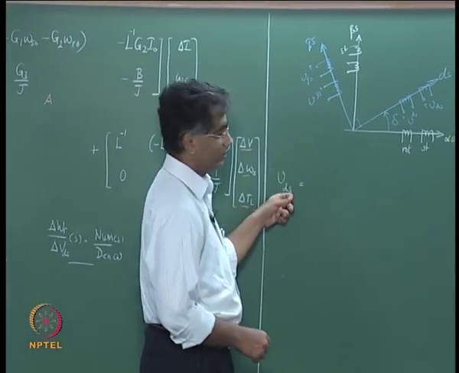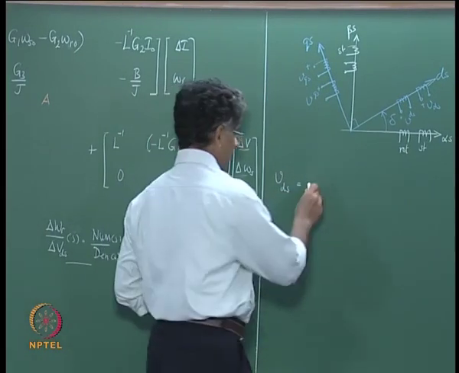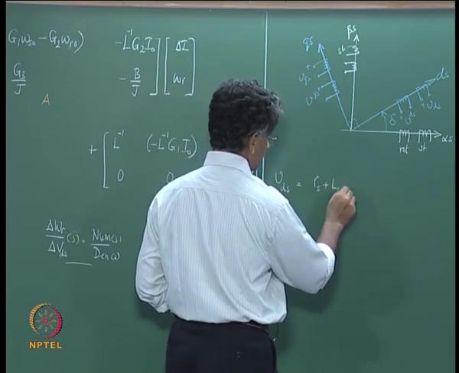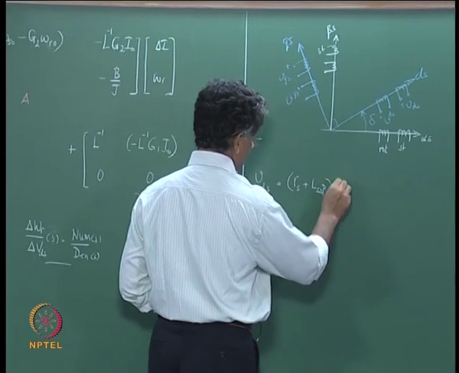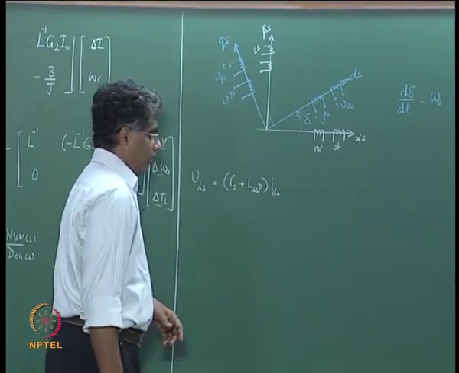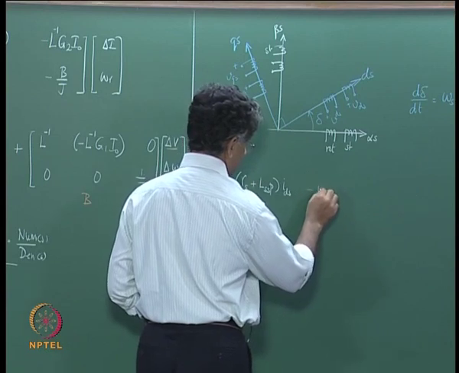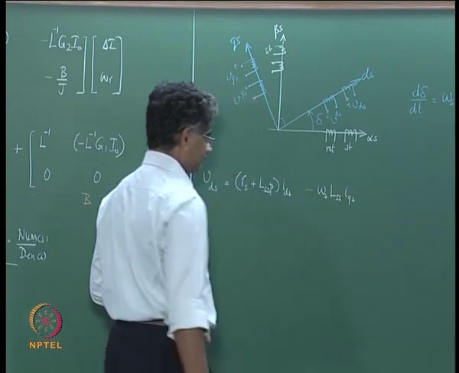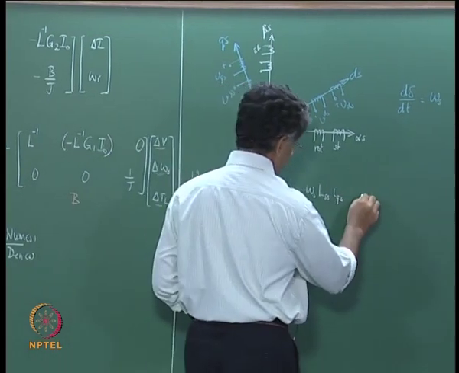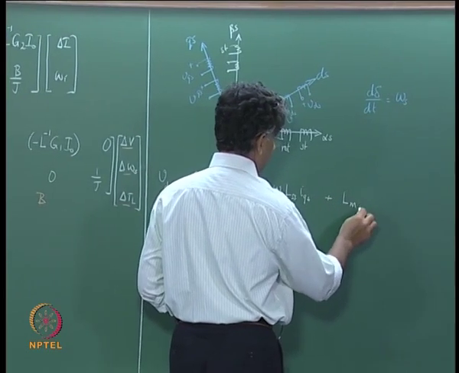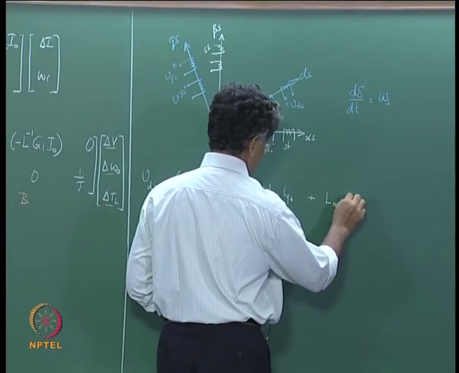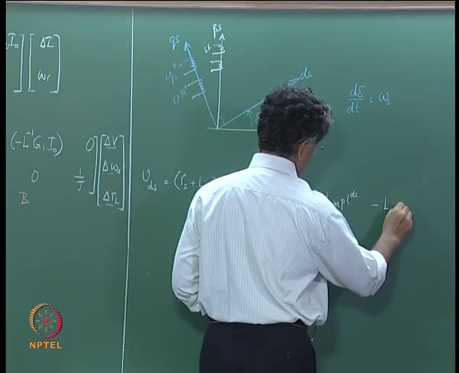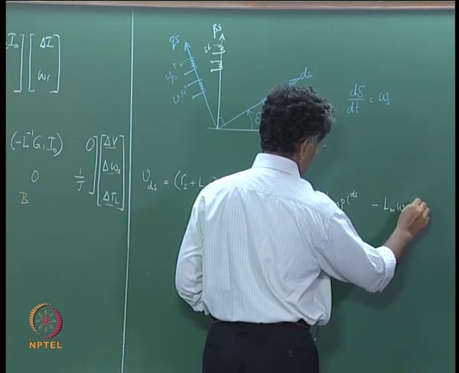So Vds, that is the stator d axis, that we have seen is Rs plus Lss P multiplied by Ids, and then you have minus omega s Lss into Iqs, and then you have plus Lm P Ids minus Lm omega s Iqs.